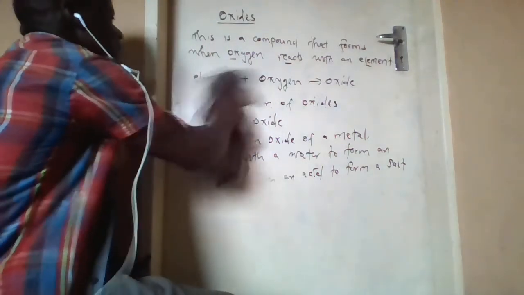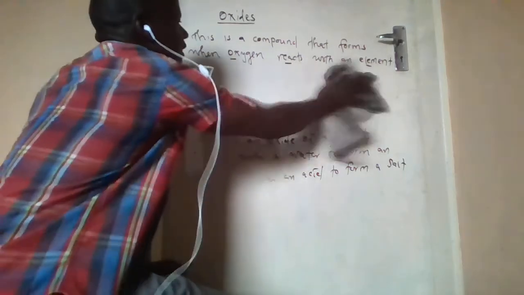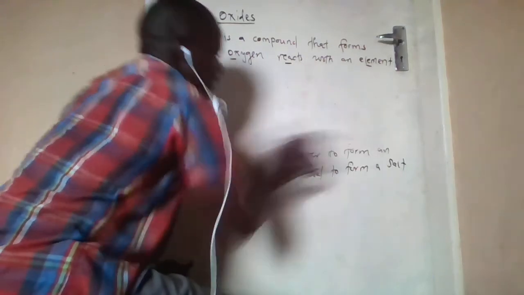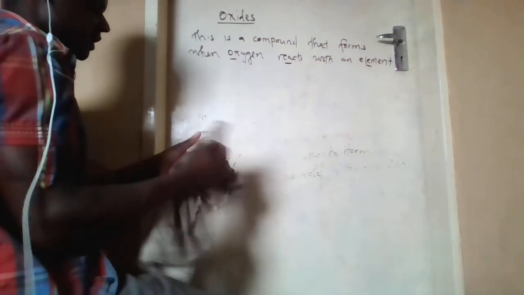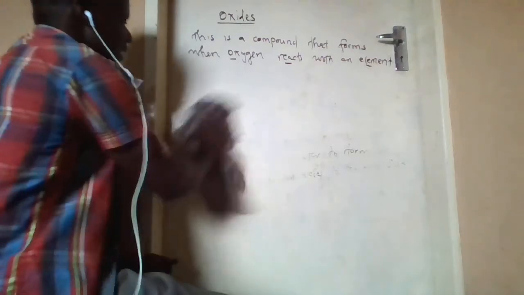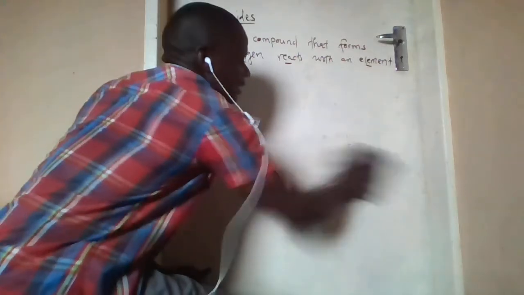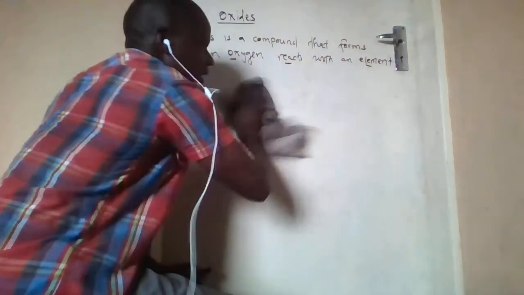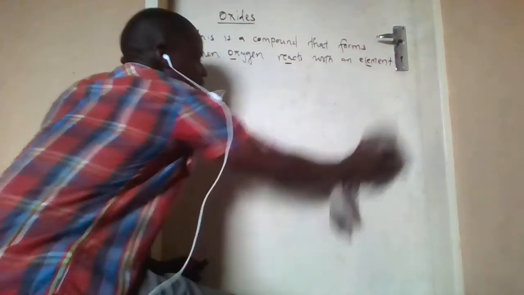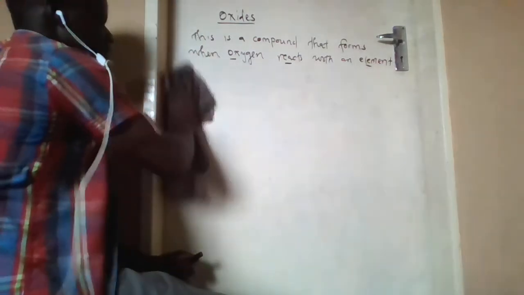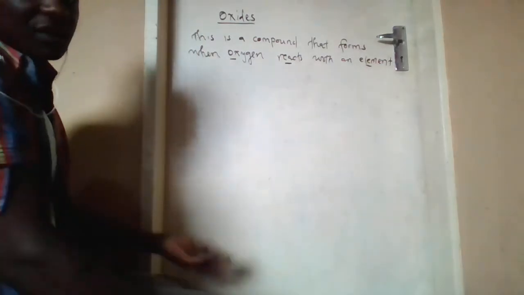And how is it formed? What are the characteristics of these acidic oxides? Remember I said these are basic because when they react with water, they form a base, an alkali. A base which is soluble is called an alkali.